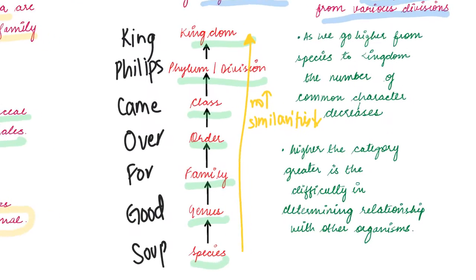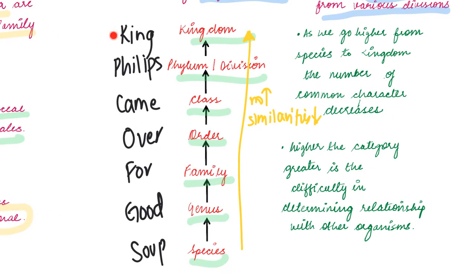Once again, let's revise this. What was the mnemonic? King Philips came over for good soup. So kingdom, phylum or division, class, order, family, genus, species. So जैसे जैसे higher जा रहे हैं मतलब species से kingdom तक the number of common characteristics decreases. ठीक है?